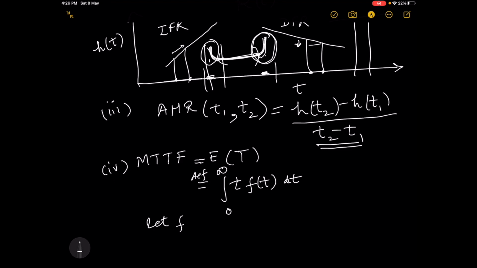If we let Ft, because we had related Rt earlier to be equivalent to 1 minus Ft, right?